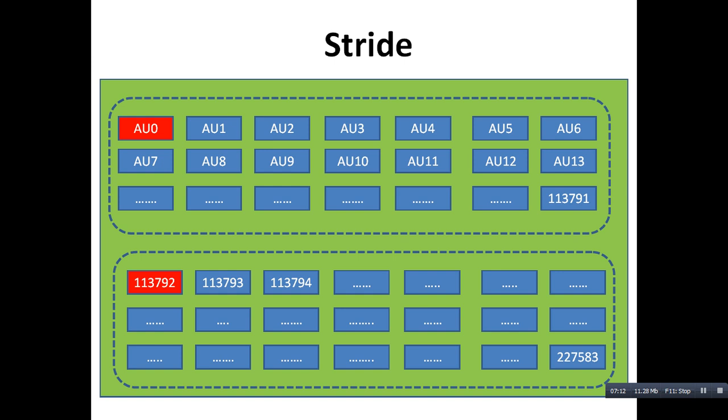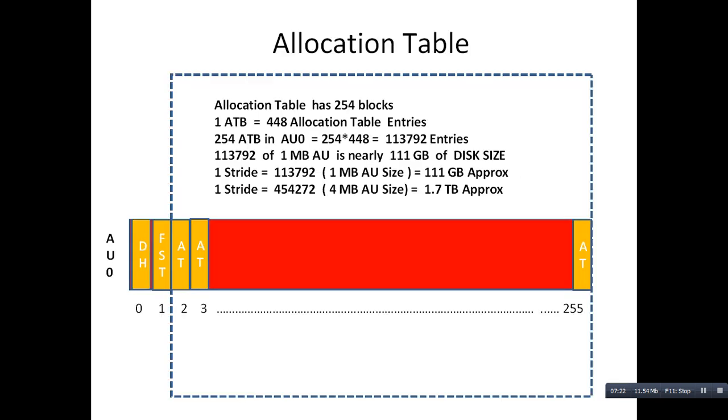As we discussed, allocation unit 0 can address 113,792 entries of 1 MB allocation unit size. At the same time, if we have a 4 MB allocation unit size, our stride size is equal to 454,272.